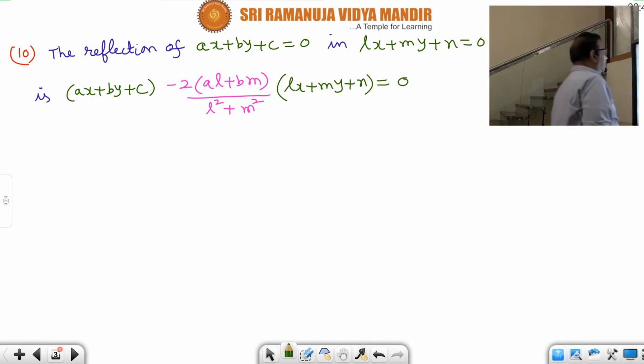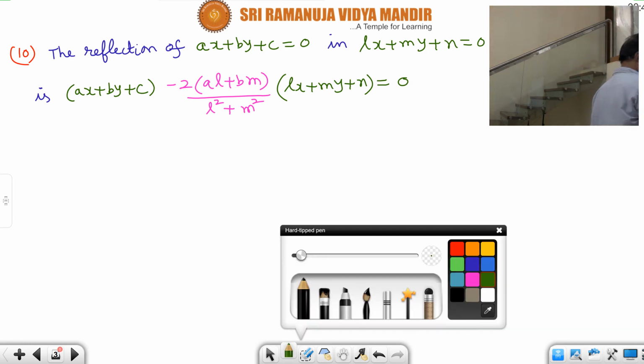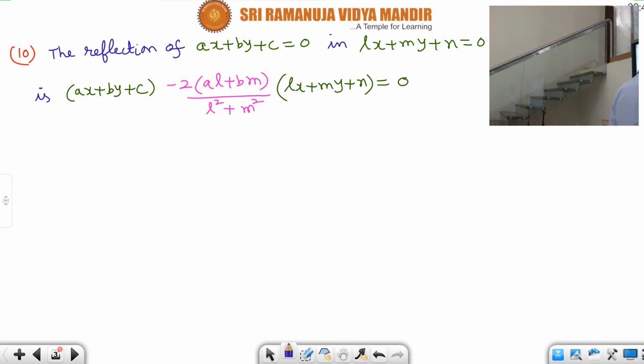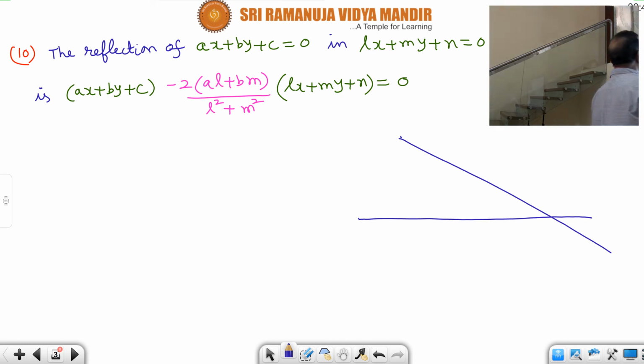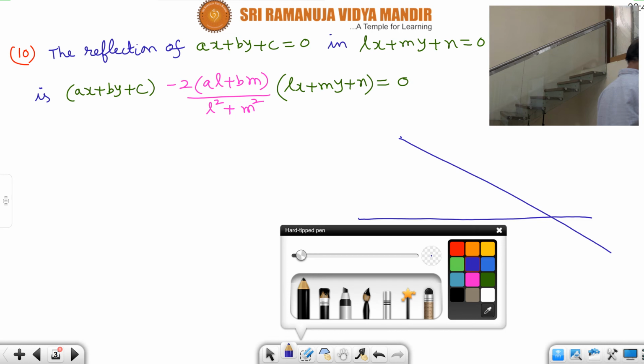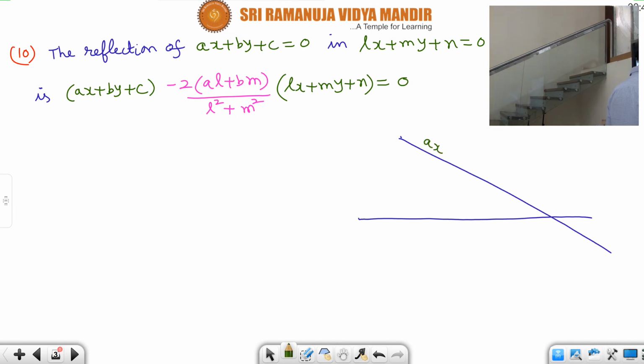So I want to explain this. See, I will draw the diagram and explain. This is one line, this is another line. Okay, reflection of the line ax plus by plus c is equal to 0. This is the line ax plus by plus c is equal to 0.